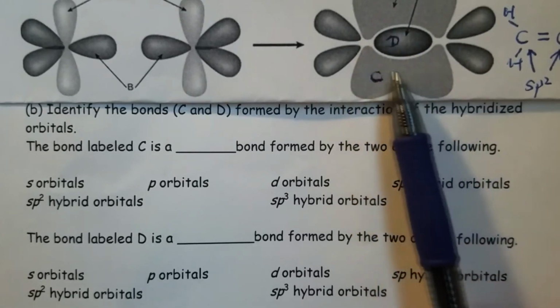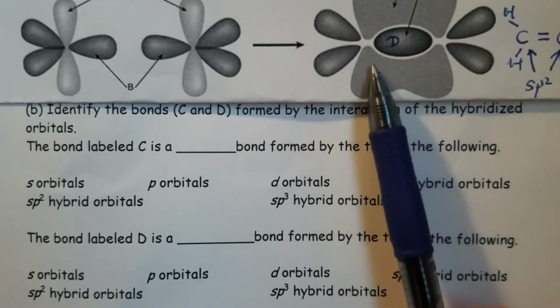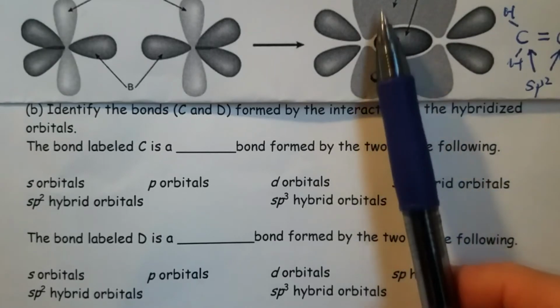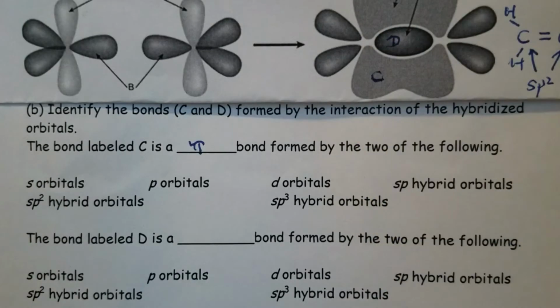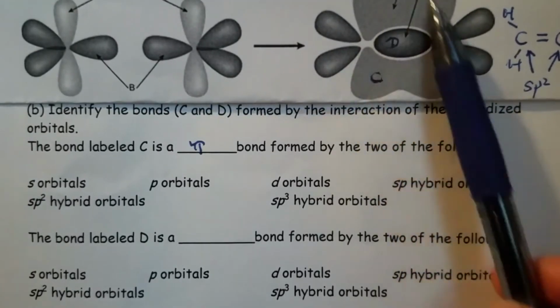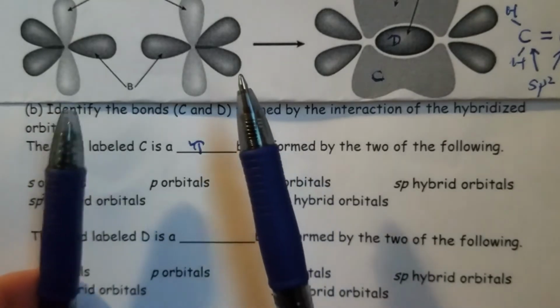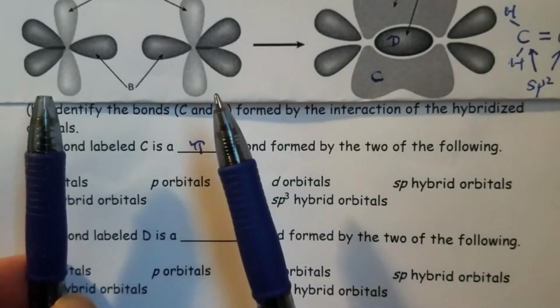From this kind of depiction, we know this has to be a pi bond. Therefore, C is the pi bond and formed from which atomic orbitals?